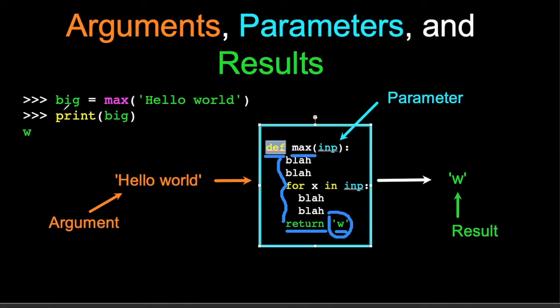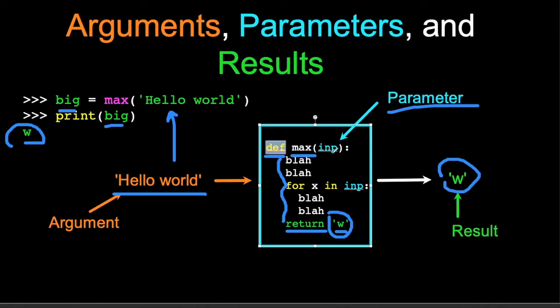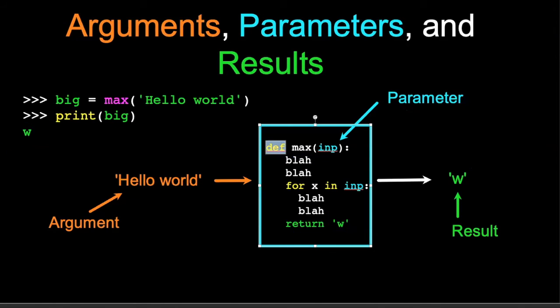And that W becomes big, and big is not printed, and so you get W here. And just a review, hello world is an argument that you're passing into the function. And W is what gets returned as a result. And the parameter is what defines what this function looks like. Any questions about this?